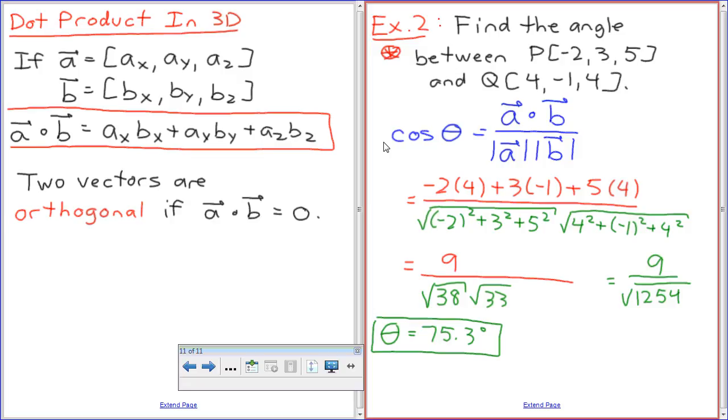Okay. All right. Let's do one more, then we'll move on to the three-dimensional one.